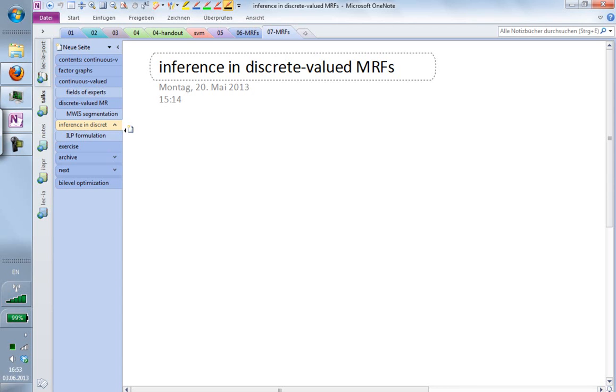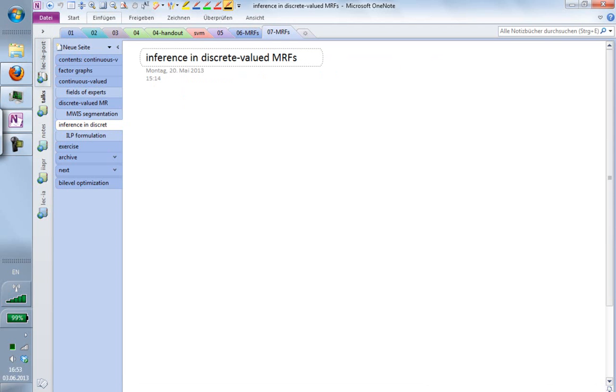And now, once you've designed your model, one important problem is finding the most probable state in this model. There are a couple of inference problems, and one important one is finding the maximum a posteriori estimate.